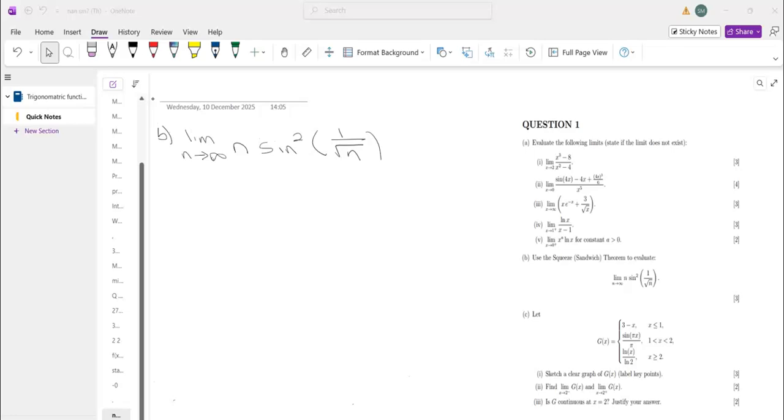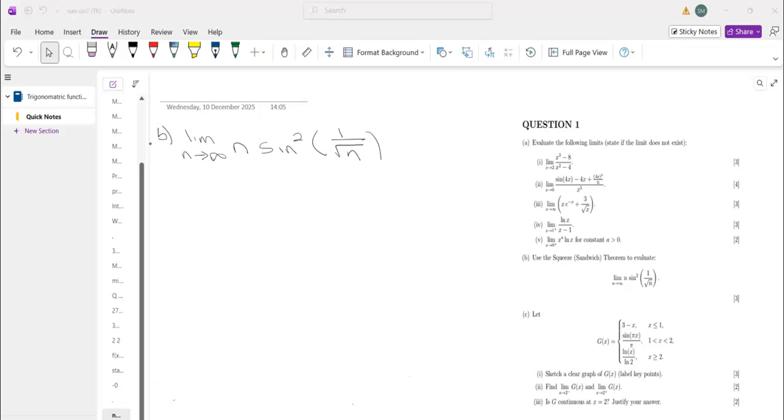So for using Squeeze theorem, we're going to have to use a known inequality in order for us to be able to evaluate the limit.